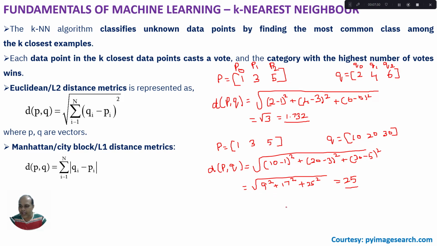Which means if the distance is high, the two vectors p and q are dissimilar in nature. Dissimilar. If the distance is small, which means p and q are similar in nature.